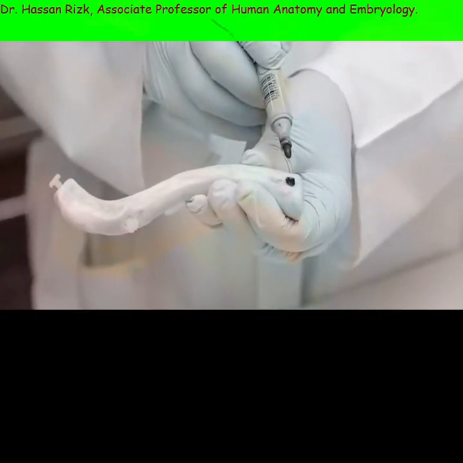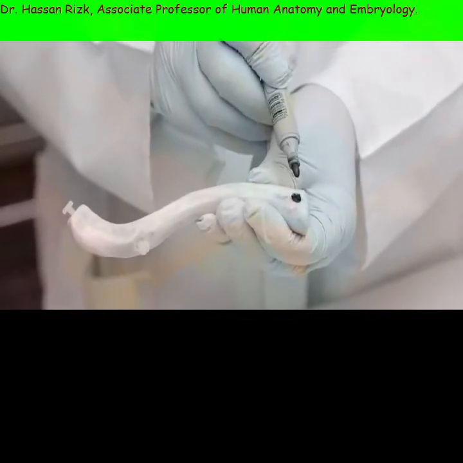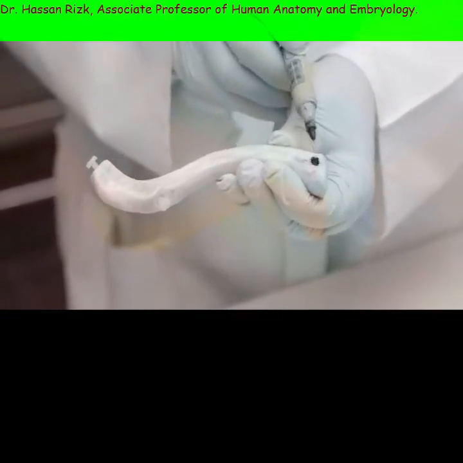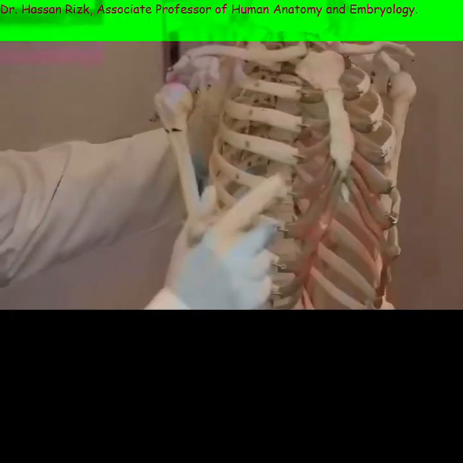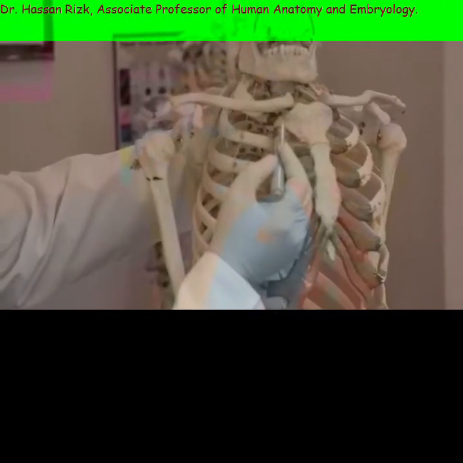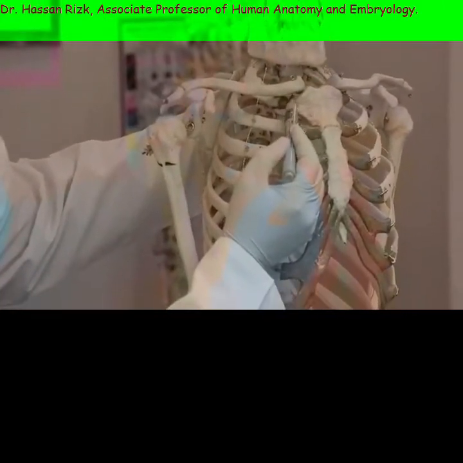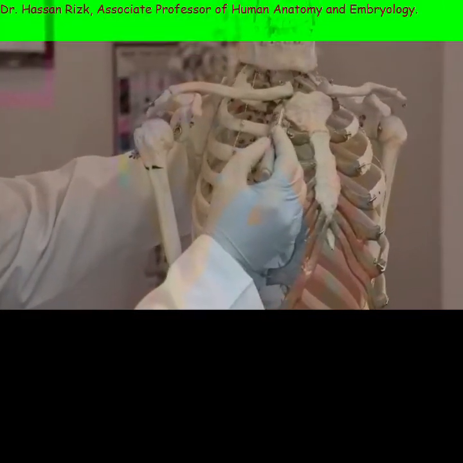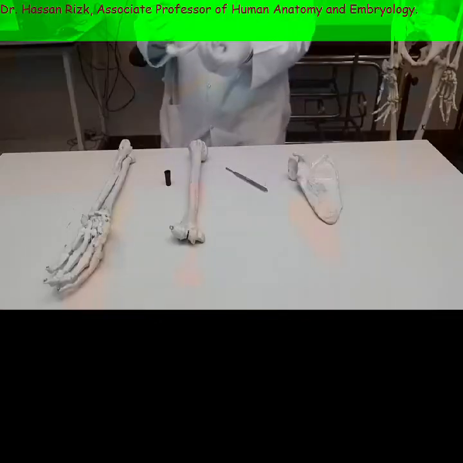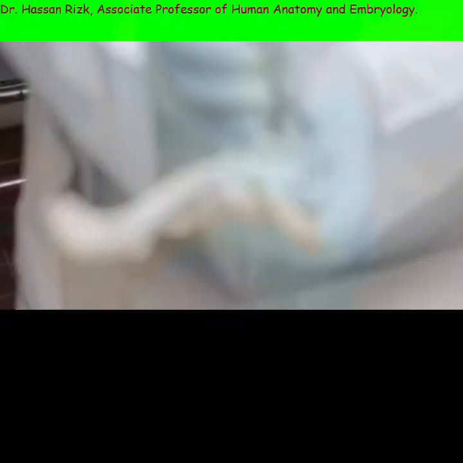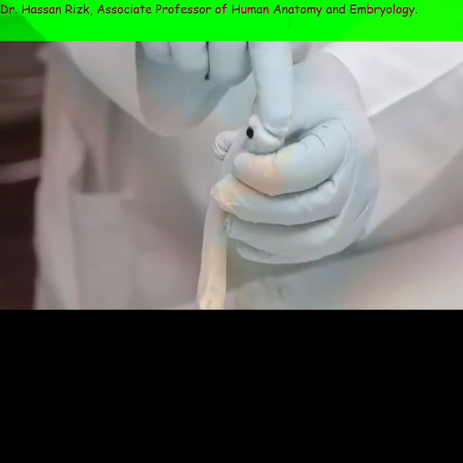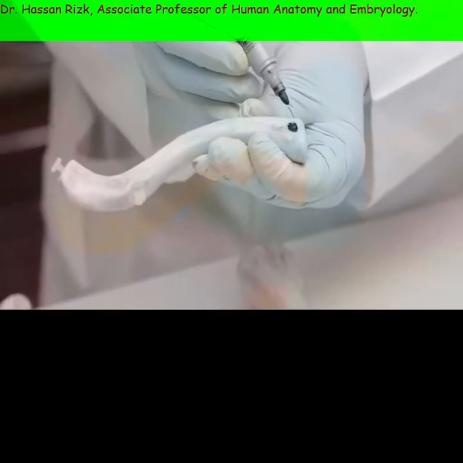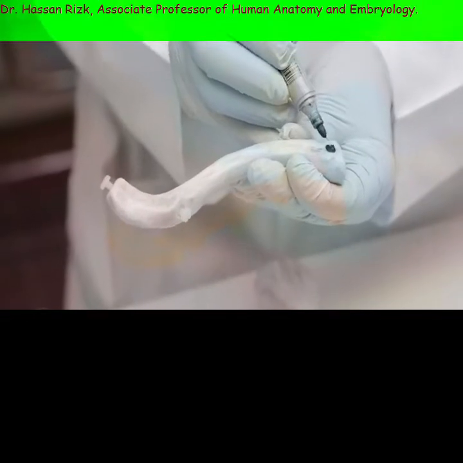Costa means rib. The inferior surface of the clavicle, as shown here in this model, is more or less in contact with the first rib. This is why the first rib forms this impression on the inferior surface of the clavicle close to the medial end, which is known as the costal impression.